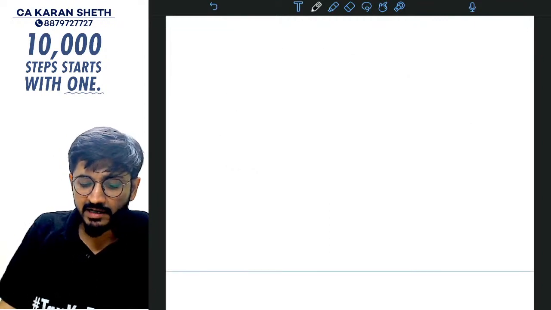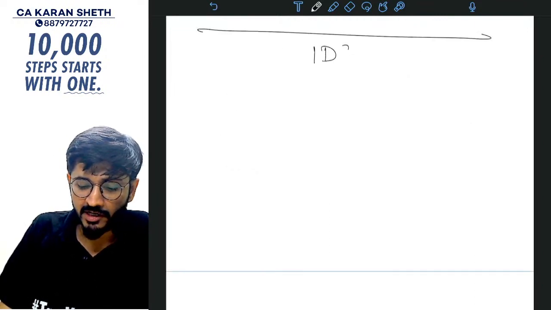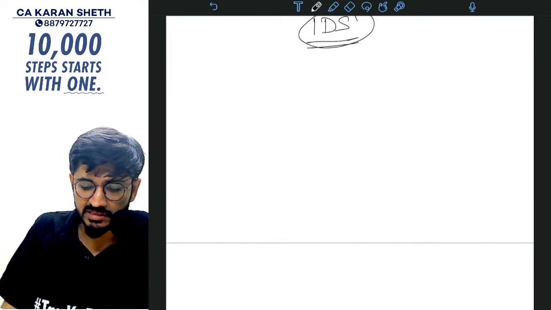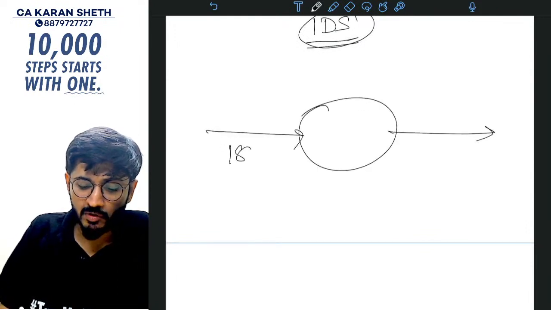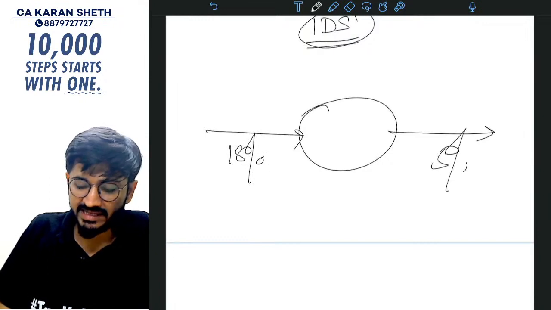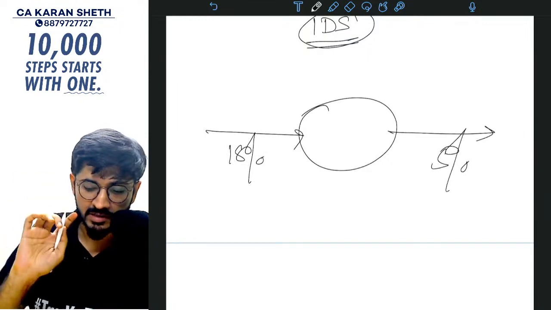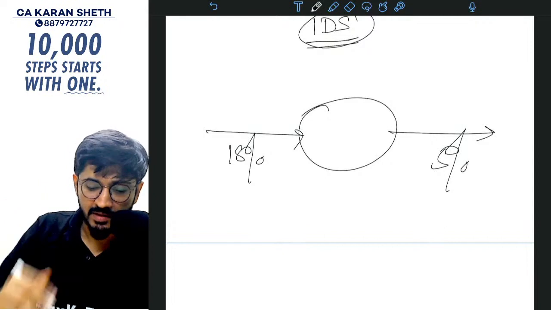But when it comes to IDS, inverted duty structure or inverted tax rate structure, there your scenario exactly plays in an inverted fashion. Ulta, inverted, right?